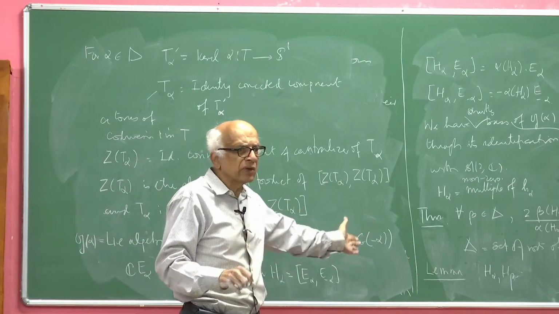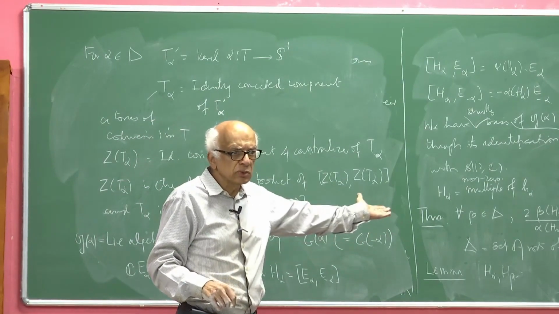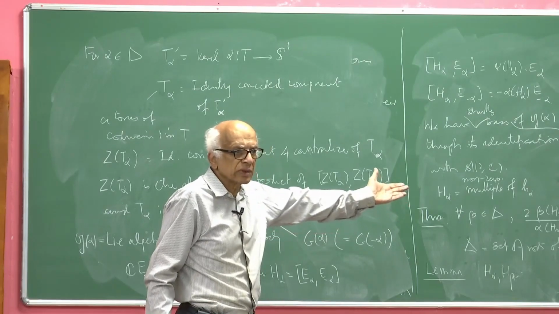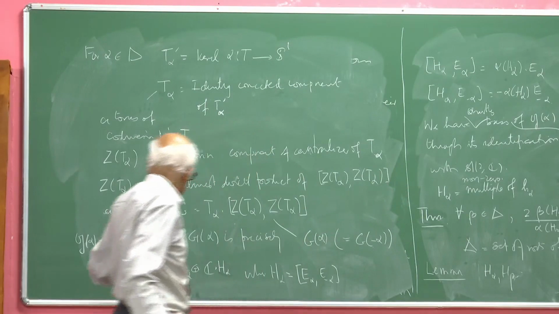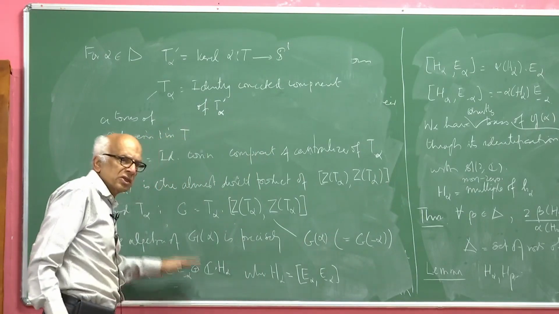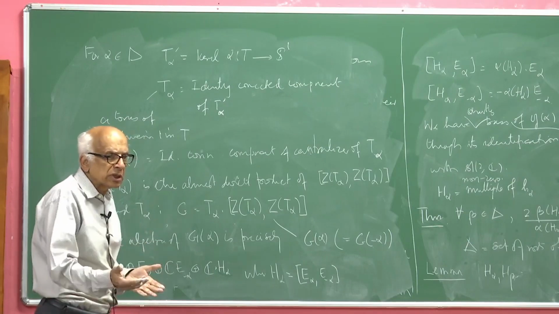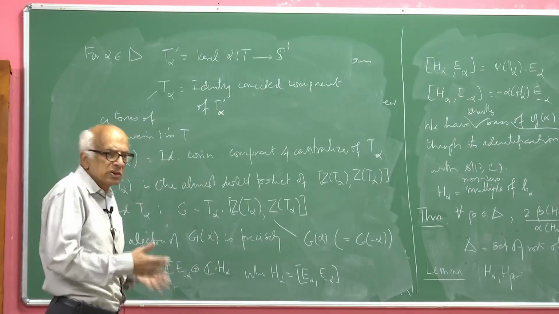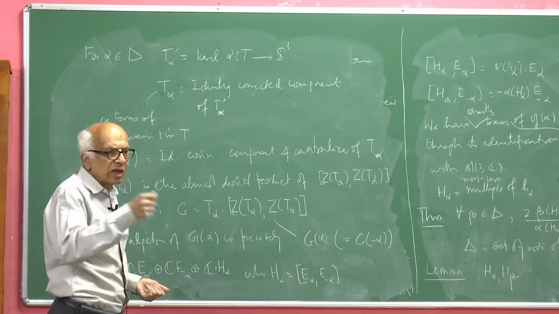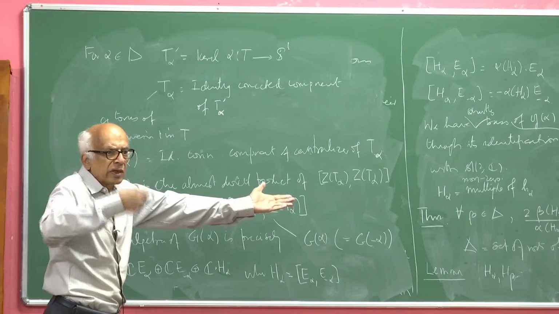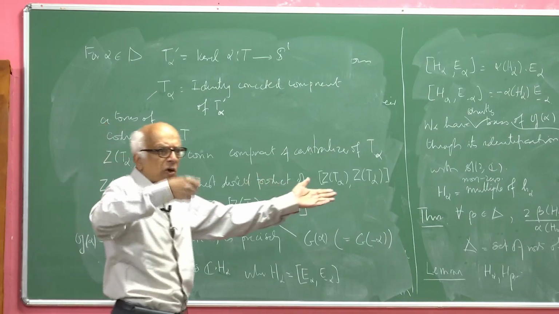I am getting the result for any pair of roots: 2 beta h alpha by alpha h alpha is an integer. I look at the SU2 corresponding to this group, and you have the adjoint representation. You can restrict it to SU2 and get a representation of SU2. The characters occurring in the representation are called weights.